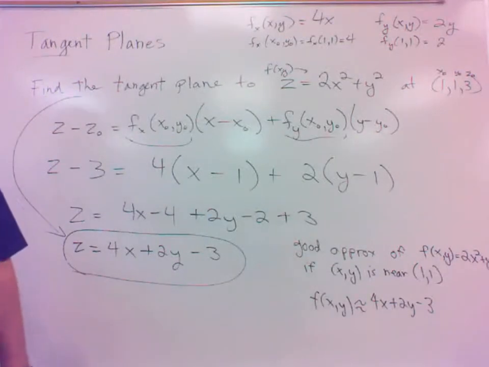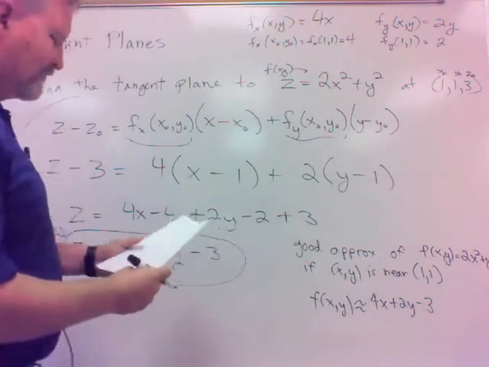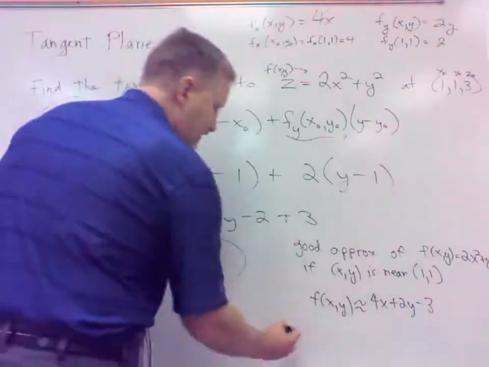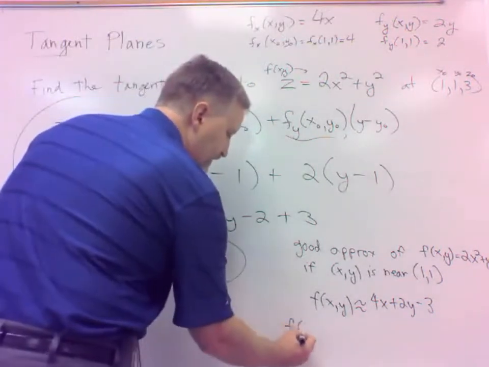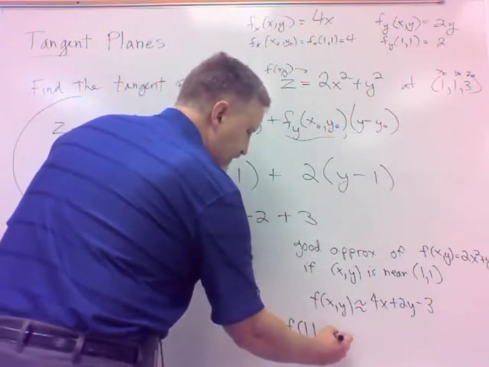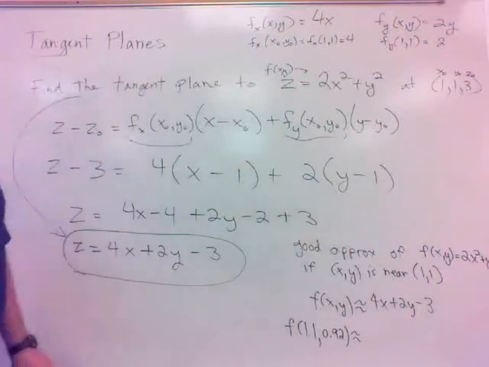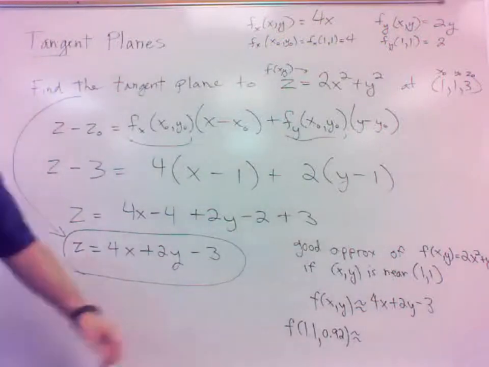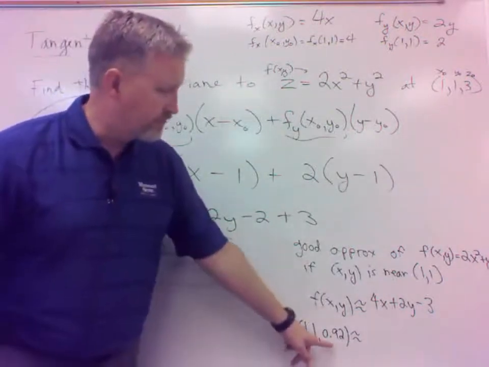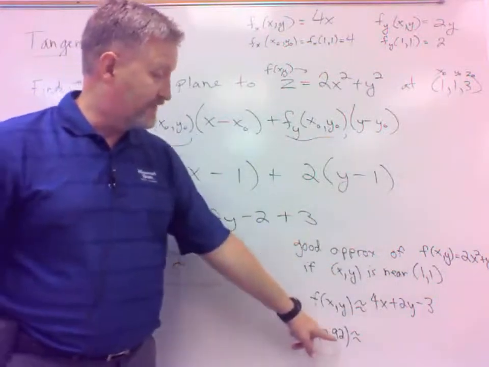And this is one thing they'll have us do: approximate f of 1.1, 0.92 using this linear approximation, because that point 1.1, 0.92 is near 1, 1, isn't it? It's close to 1 and it's close to 1 there.